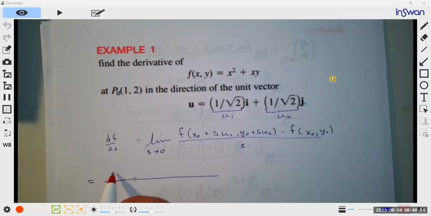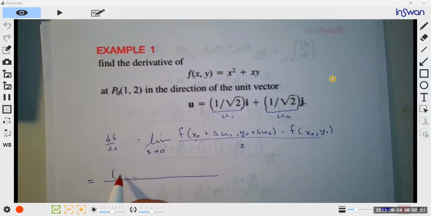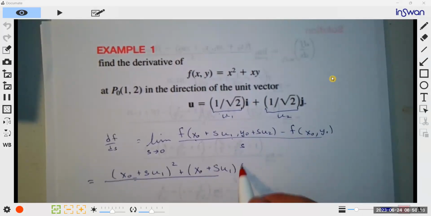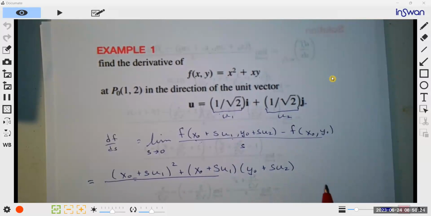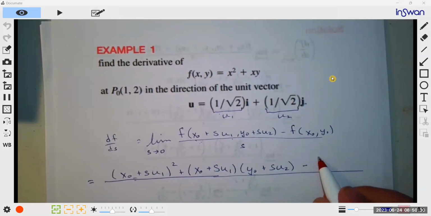So x is defined as x sub 0 plus s u sub 1, squared, plus x sub 0 plus s u sub 1 times y sub 0 plus s u sub 2, minus our function x squared plus xy.